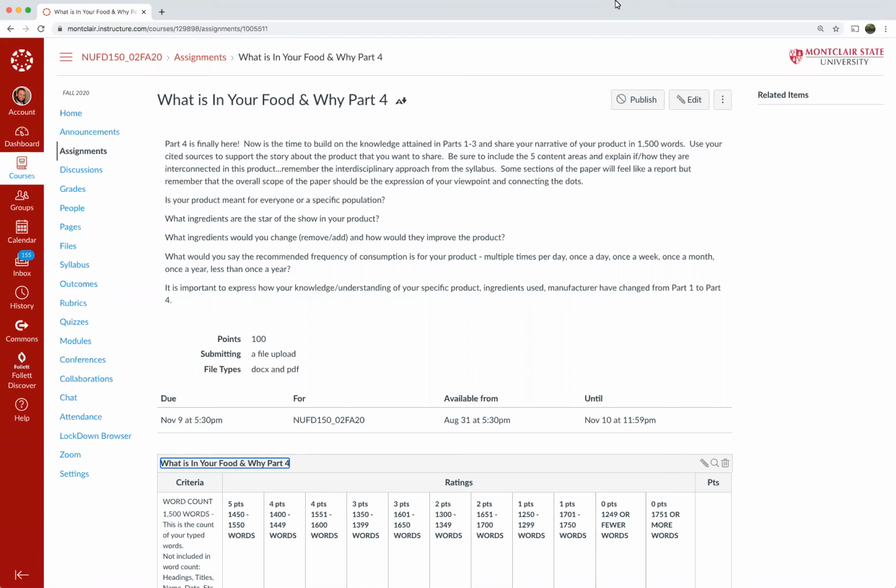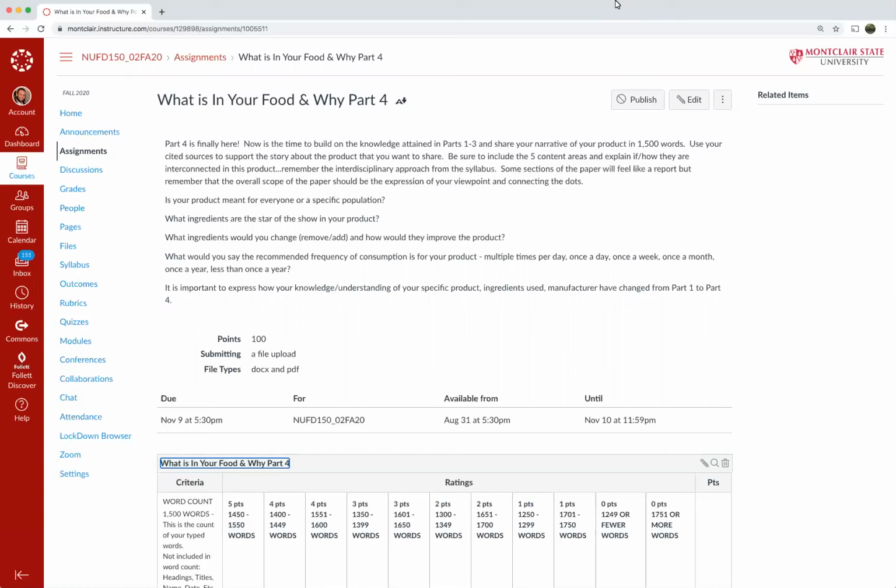You see a lot of products that advertise in a big banner on their label, now formulated with no high fructose corn syrup. Or is it a product that says that it's free of hormones or antibiotics or preservatives? So, again, what ingredients are the star of the show in your product?